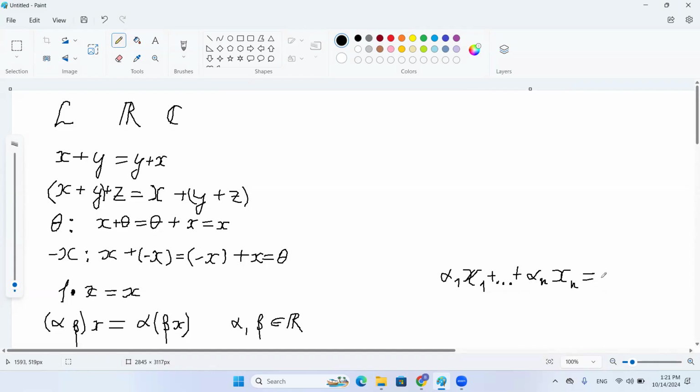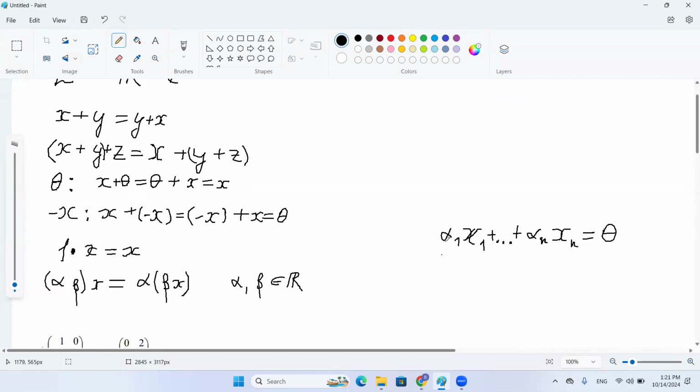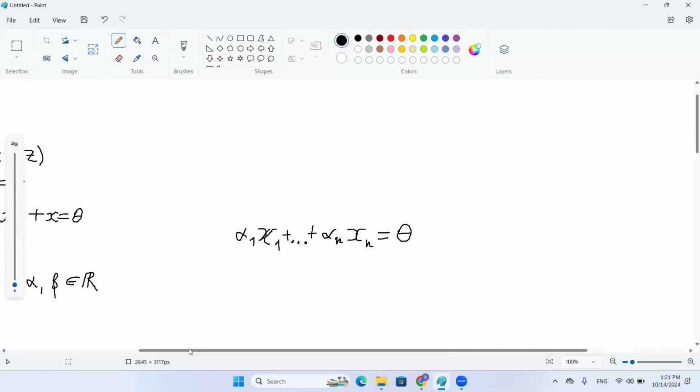And the general definition: if this equation is true, so the linear combination equals the zero element, only if all alpha coefficients are zeros, all of them must be zeros.